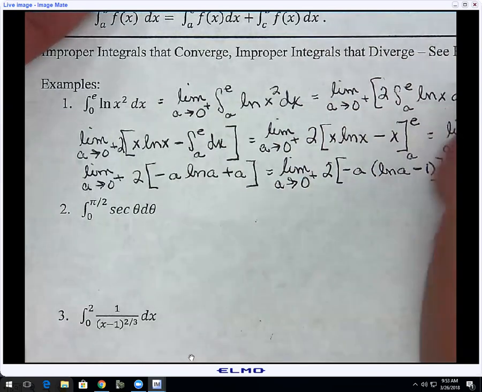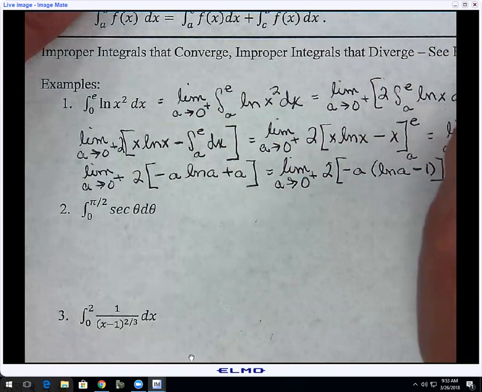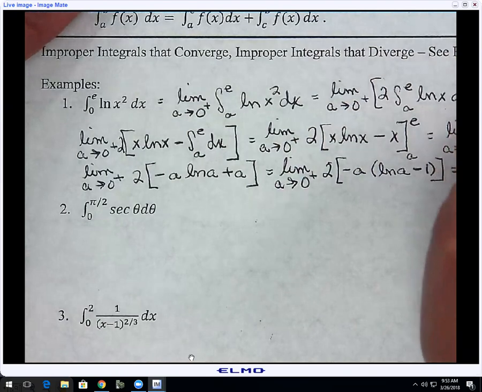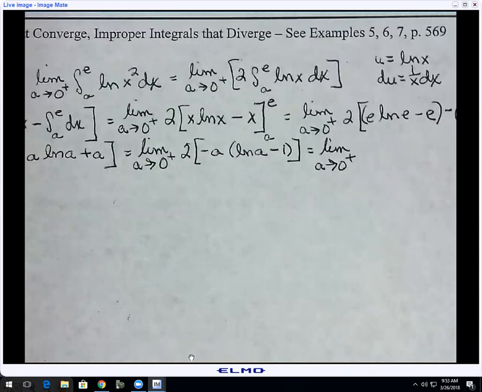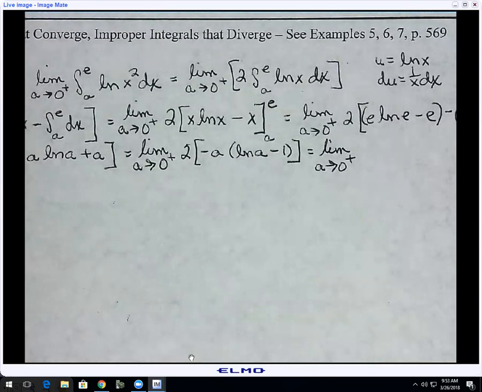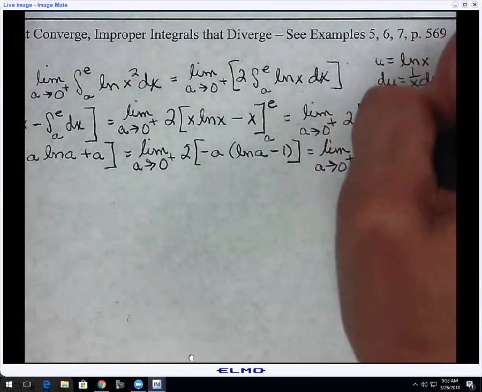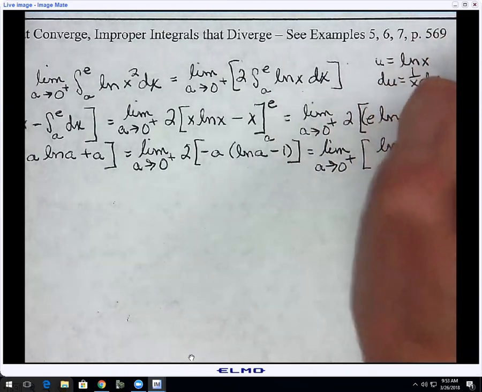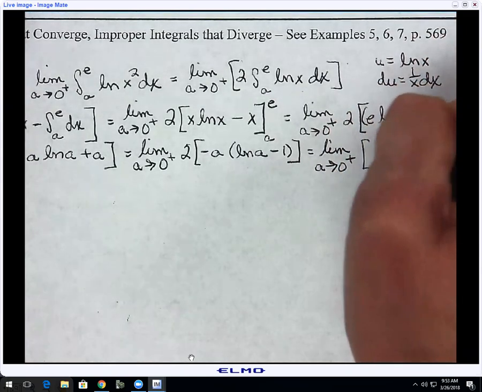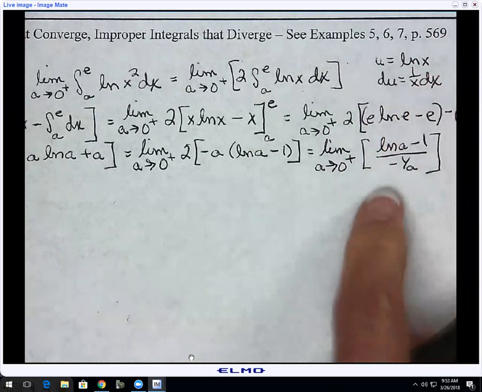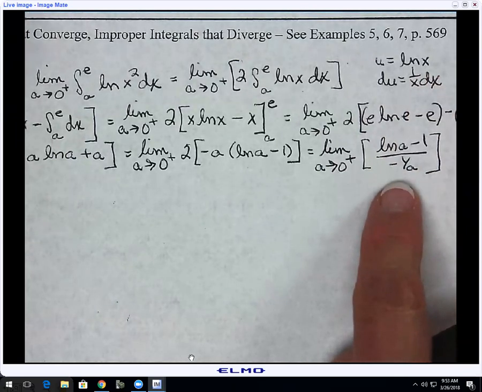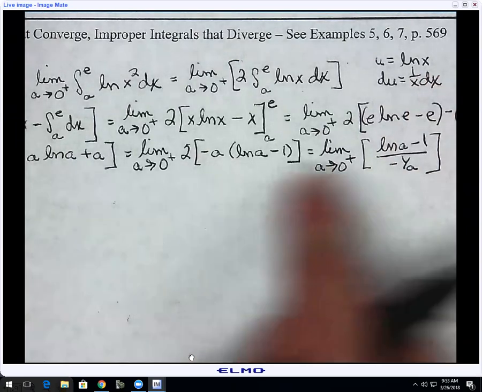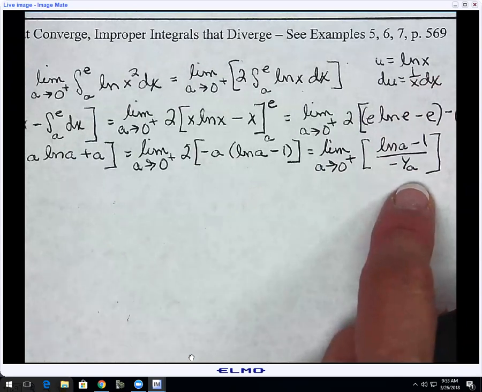Did that ring any bells? That was our trick that came in handy a lot of times in working with L'Hopital's rule. We could write A in the numerator as 1 over A in the denominator.